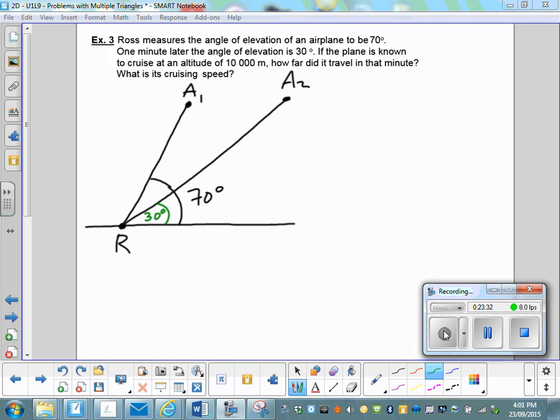All right. If the plane is known to cruise at an altitude of 10,000 meters, how far did the plane travel in that minute?